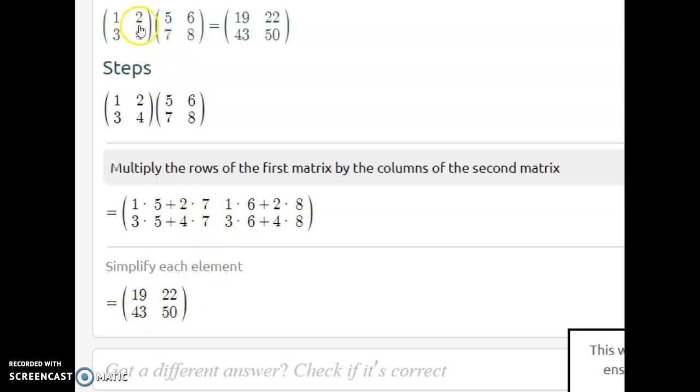And then the last one is going to be second row, second column, so it's going to be 3 times 6 plus 4 times 8, and there it is, which is 50. And again, second row times second column goes into the second row, second place, and there it is.